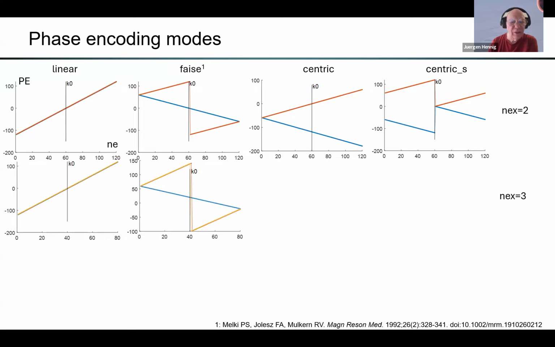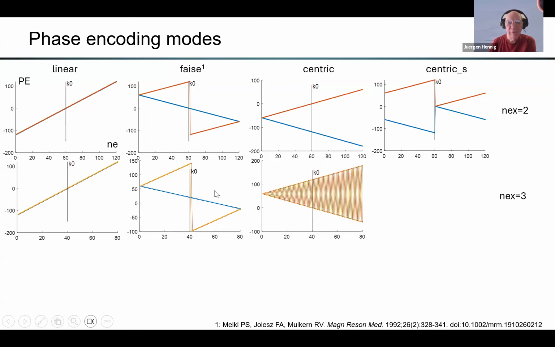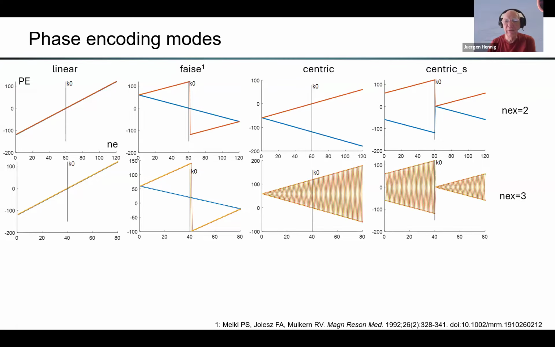For phase, you see you have then 2 echo trains with this steeper ramp and a jump in the middle, and one with a little bit slower ramp. For centric, you really alternate, because if you sample every 3rd point, you jump from one branch of this wedge to the other, and the same for the centric S.